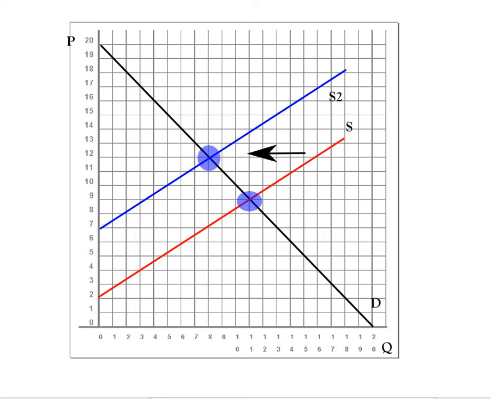We see that the new equilibrium is going to be at a higher price, maybe 12, and a lower quantity, maybe 8. In general, our prediction, any time supply goes down, ceteris paribus, and that's the only thing that's happening, is that it's going to cause the price of the product to increase and the quantity of the product exchanged to go down.